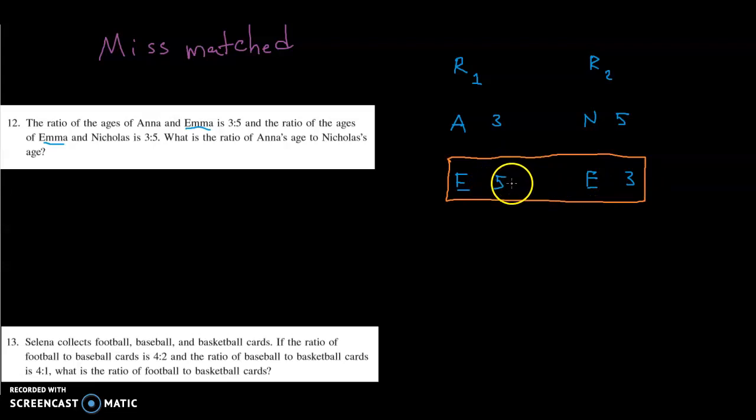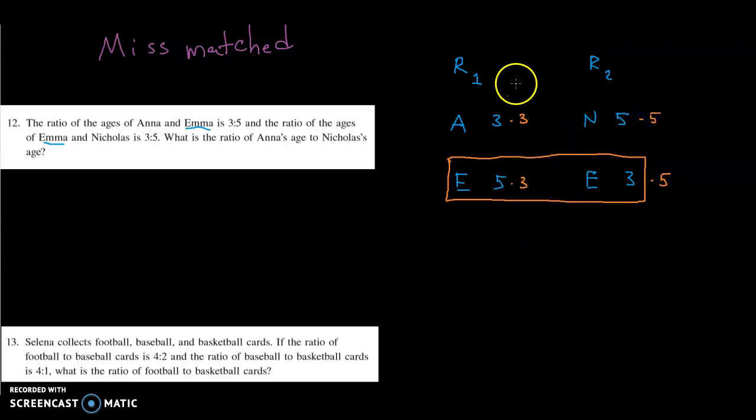So I'm going to multiply this by 3, but then I have to do it to this ratio as well. I want you to pause the video for a minute and think about why that's legitimate, why we can change ratios that way. I'm not going to get into it now, but leave me a comment if this is something you'd like me to explore. On the same note, we're going to multiply this by 5 and this also by 5.